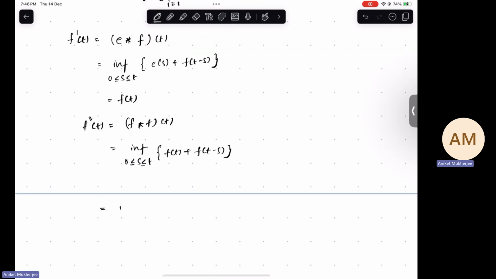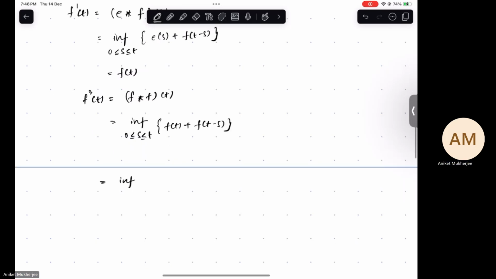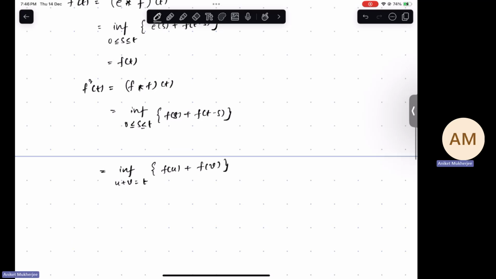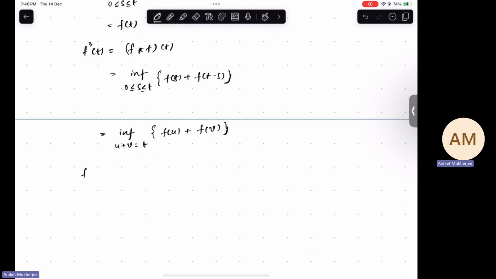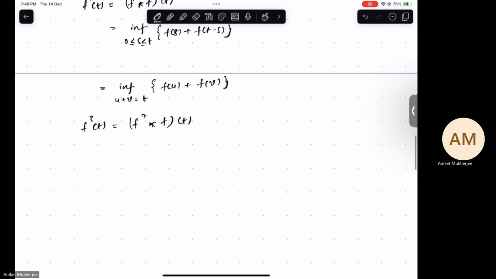Or you can write this as the inf over u plus v equal to t of f of u plus f of v. Now, if I have f^3 of t, it is basically f^2 convolution with f at t.